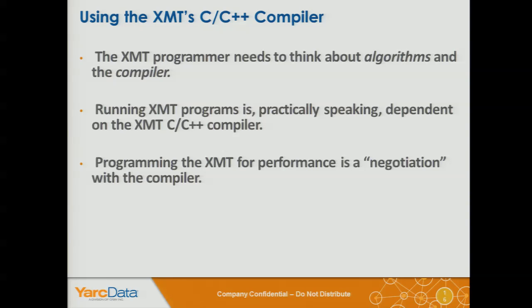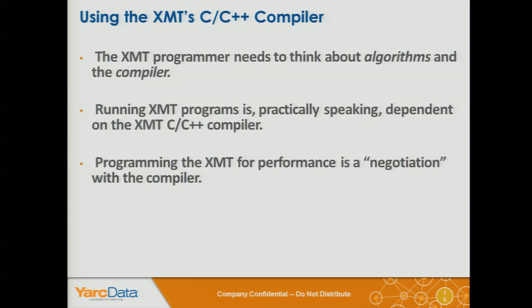This takes some experience to get used to thinking like an XMT compiler. It's very heavily dependent on the success of the compiler in spotting what's in your algorithm. So keep, as John was saying earlier, to simple loops, inductive loops.